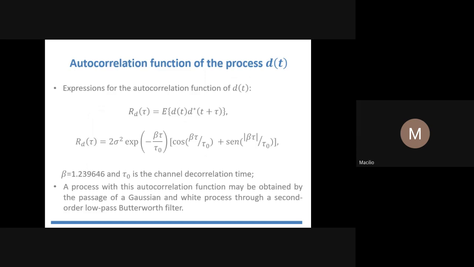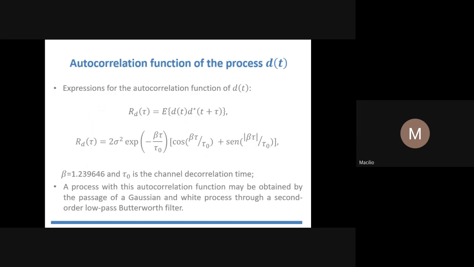The process DT has a given autocorrelation function that is given by this expression. There is an important parameter, tau 0, that means the correlation time of the process.